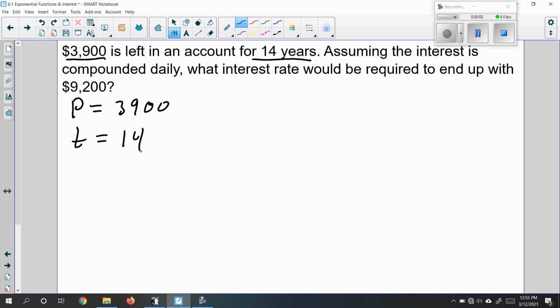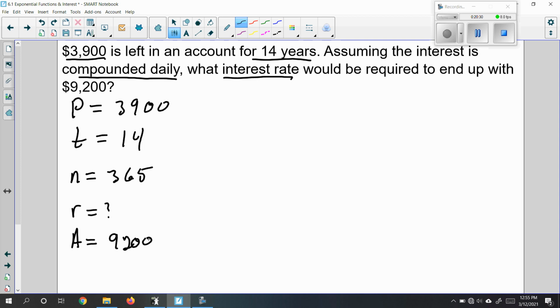So t is equal to 14. Assuming the interest is compounded daily, so that means that n is 365. What interest rate, so in this example, we need to find the rate. What interest rate would be required to end up with $9,200? So this is the final amount.